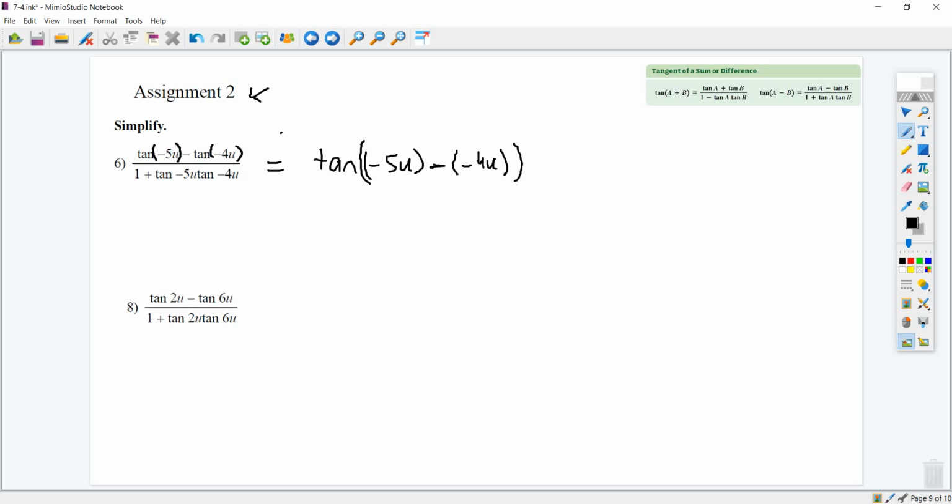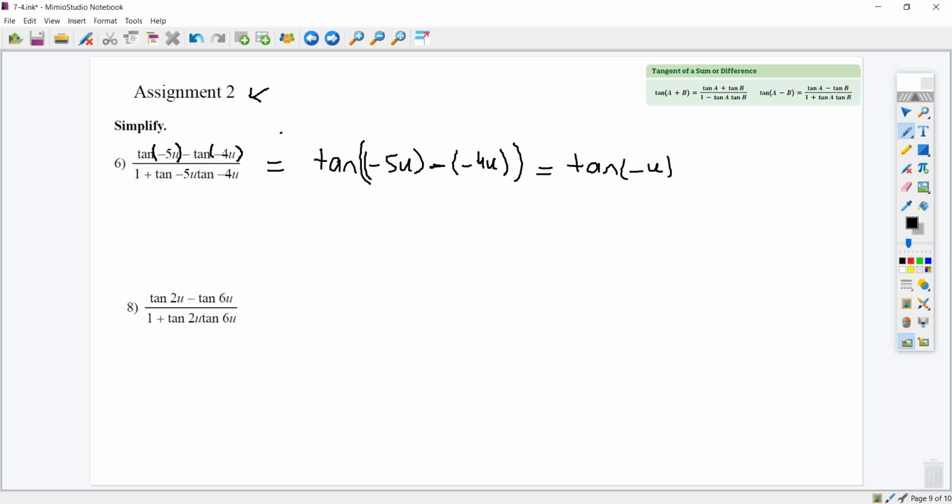A is negative 5u, B is negative 4u. So basically it's going to turn into tangent negative u only as the answer for 6, and that's it.